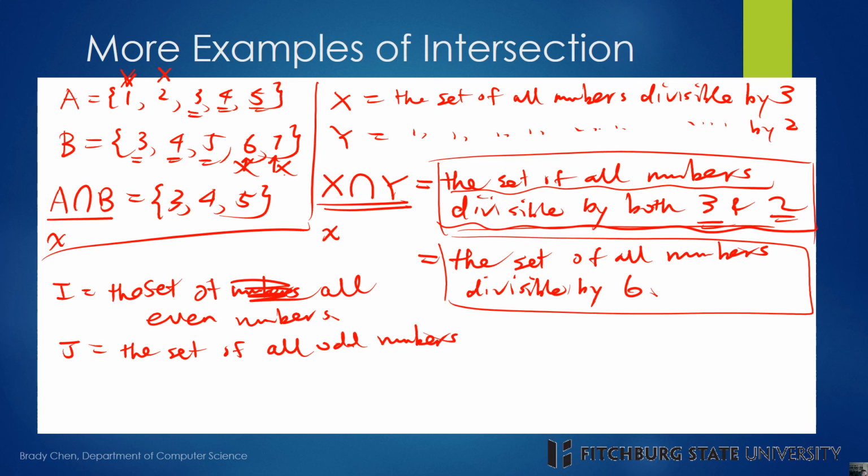It's the set of all even or odd numbers. But what is I intersect J? Can we find a number that is an even number, but also in the meantime an odd number? The answer is no, right? So what does that mean? The intersection of I and J should be the empty set.